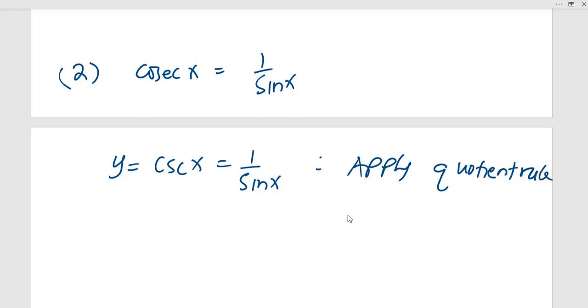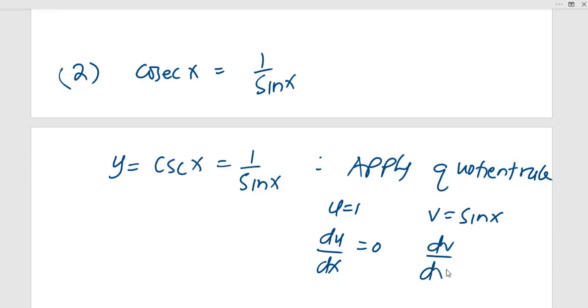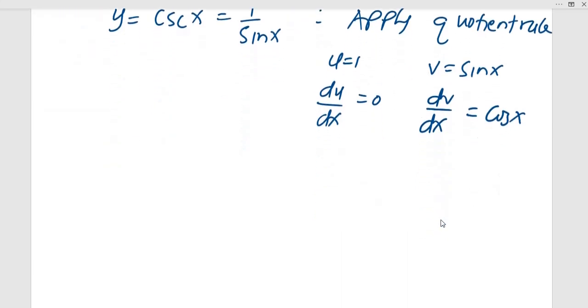And it will help. So here your u is equal to 1, meaning du dx is equal to 0. Then your v is equal to sine x, dv dx is equal to cos x, because if you differentiate sine of an angle with respect to that angle, then you get the cosine of that particular angle. So what does that mean?